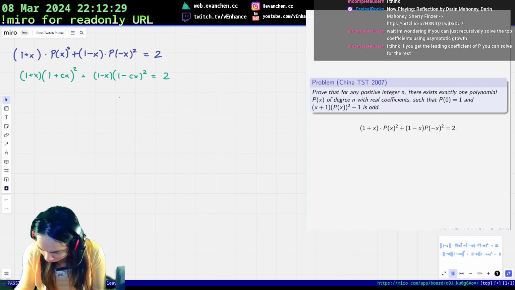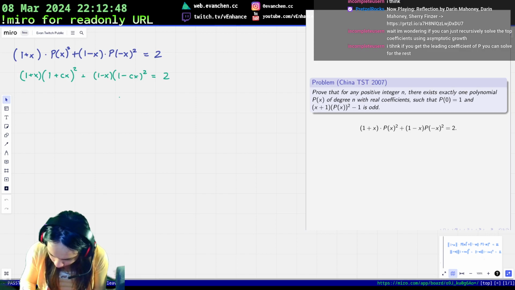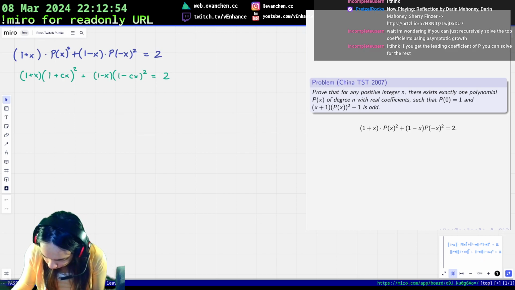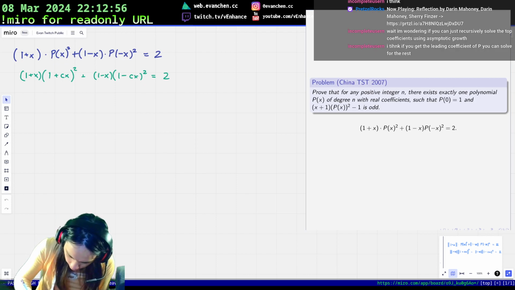If you just look at the top coefficient, what's interesting is that this is a degree 3 polynomial, but some of the coefficients just vanish. As a function of c, only one of the coefficients is not doing what you want.